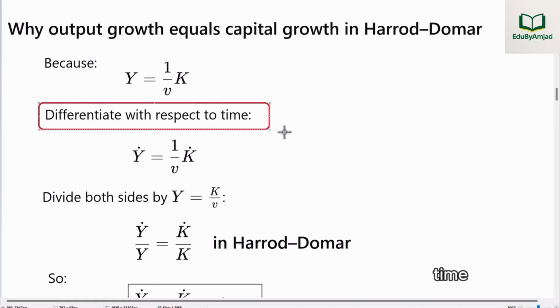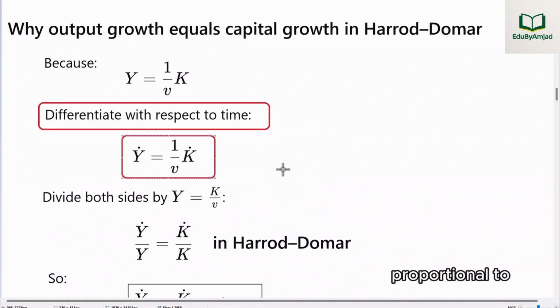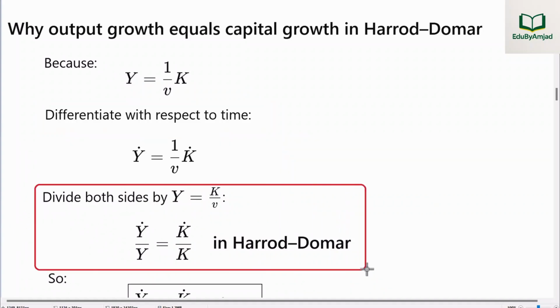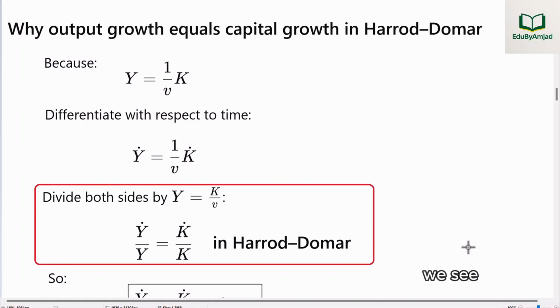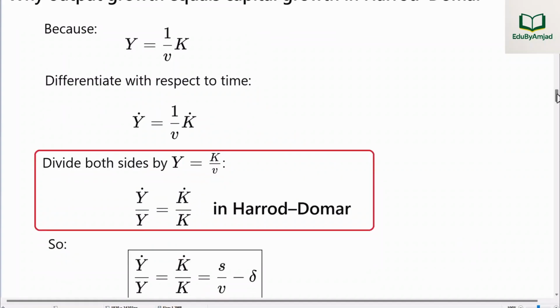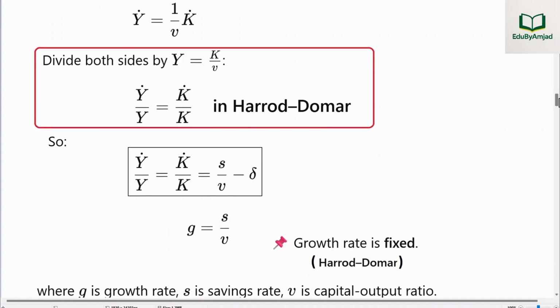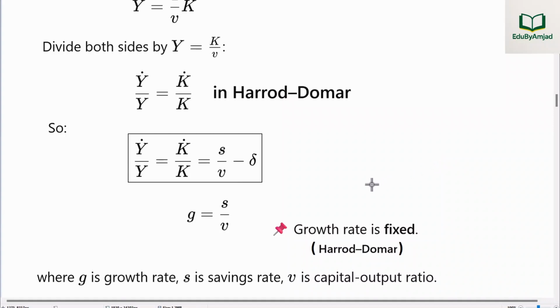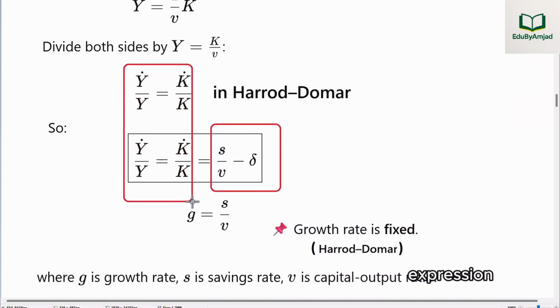Differentiating with respect to time shows that the change in output is proportional to the change in capital. Dividing both sides by output, we see that in the Harrod-Domar model, the growth rate of output is exactly equal to the growth rate of capital. Since capital growth equals saving rate divided by the capital output ratio minus depreciation, output growth must equal the same expression.